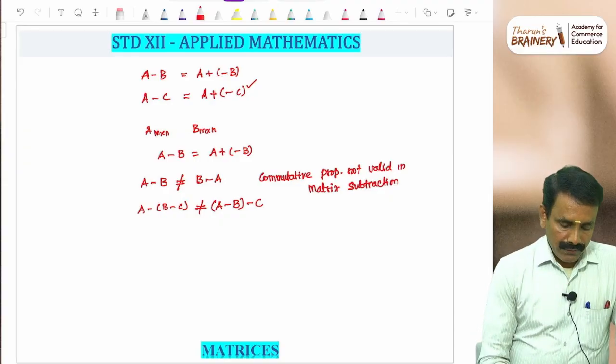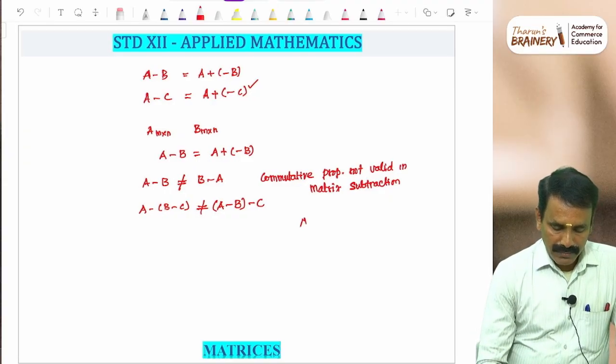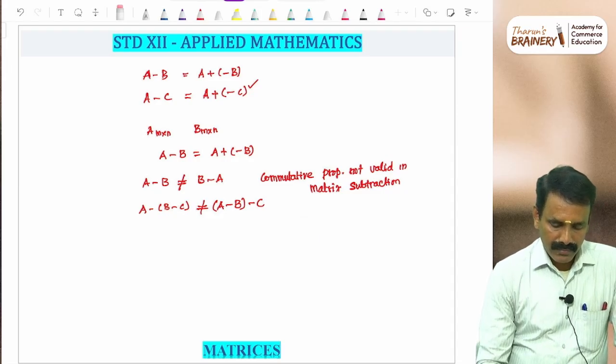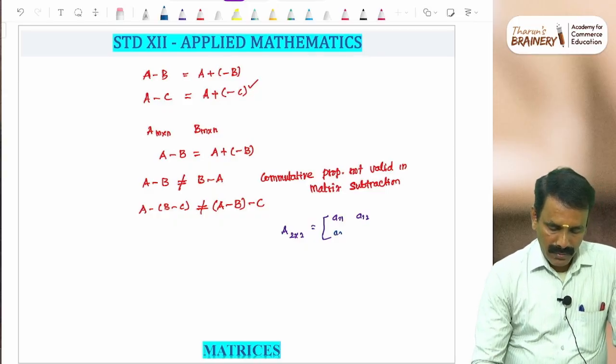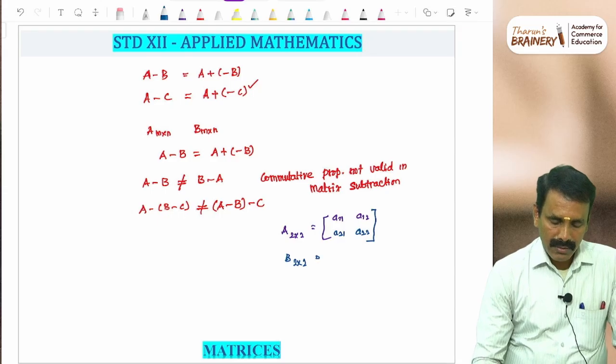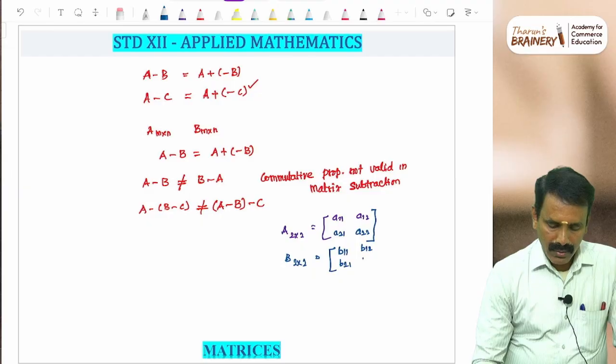Okay. So, if A is a matrix of order 2 by 2, for example, A11, A12, A21, A22, and B is also a 2 by 2 matrix of the same order, B11, B12, B21, B22.